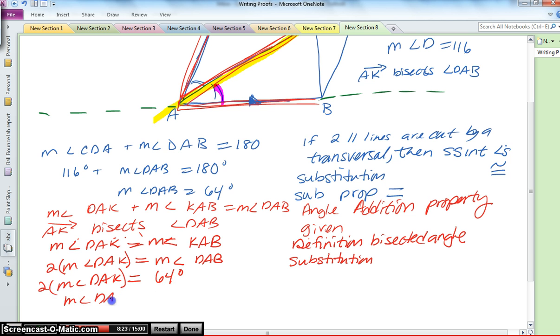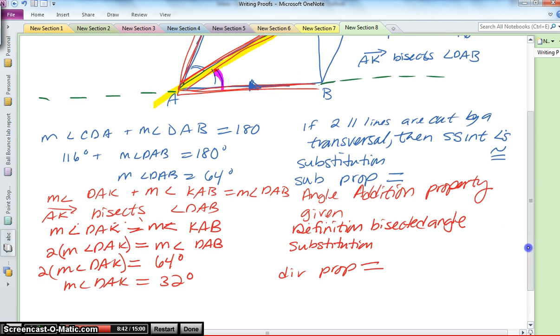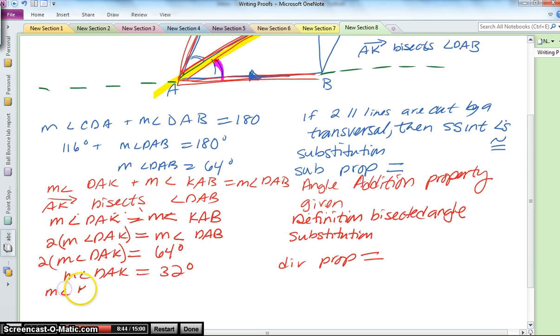So the measure of angle DAK equals 32 degrees by division property of equality. Now in number 17, they've asked us for DAB, which we found. They've asked us for angle KAB, which we know is equal to the measure of angle DAK. So that's 32 degrees.